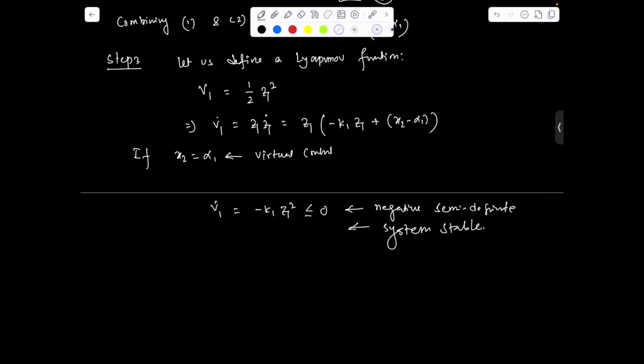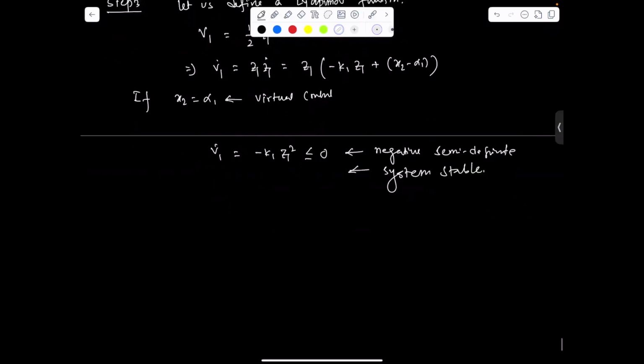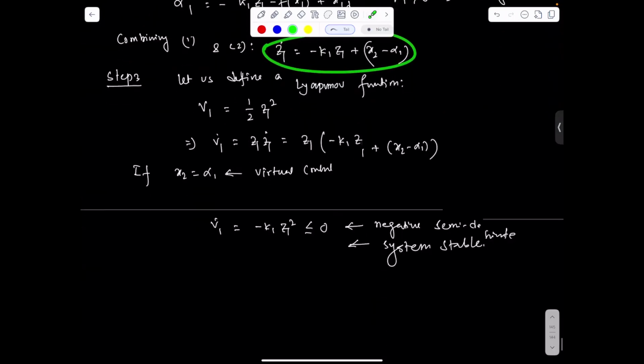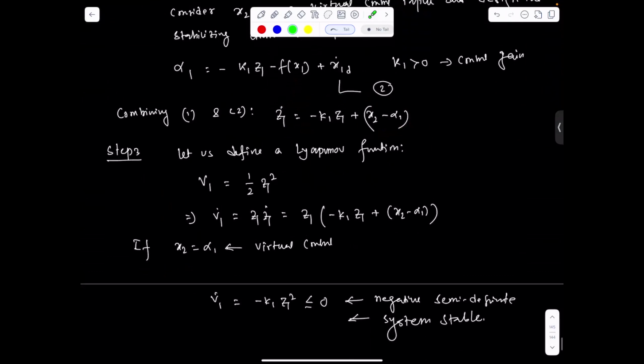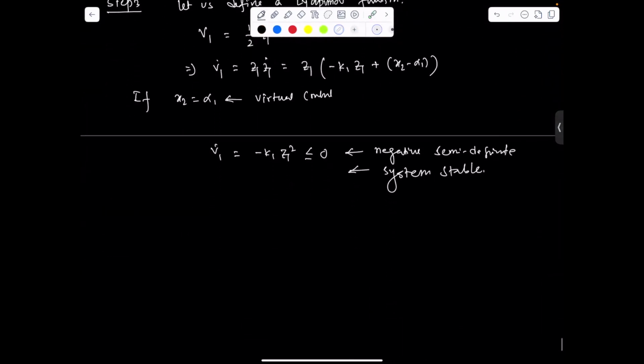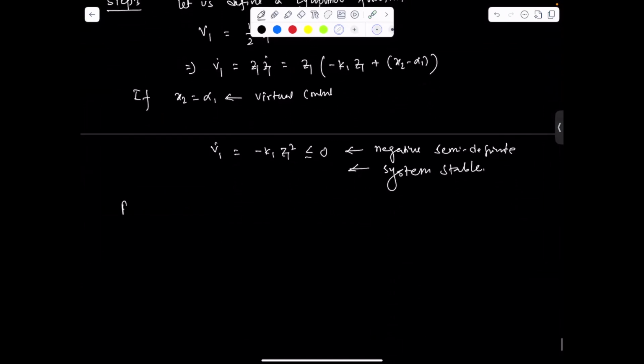And through this, we can say that the system is stable. So how are we checking stability? For X2 equal to alpha 1, from this equation we can write G1 dot equal to minus K1 G1.